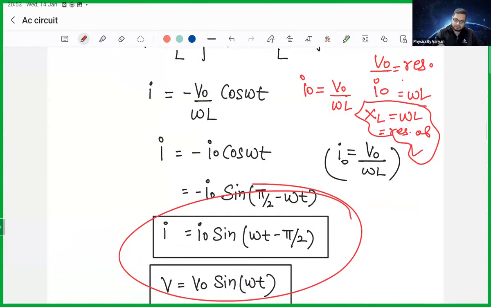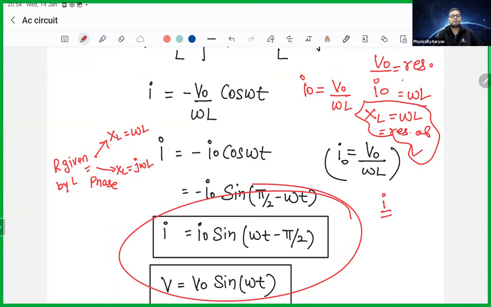So I hope now you are clear why we say resistance is omega L. So always remember this thing. Whenever I ask what is the resistance given by an inductor, you say it is equal to XL, which is equal to omega L. If I am only interested in the magnitudes. If I am also interested in the phase, then you should say j omega L. What is j? j is an imaginary number, iota.